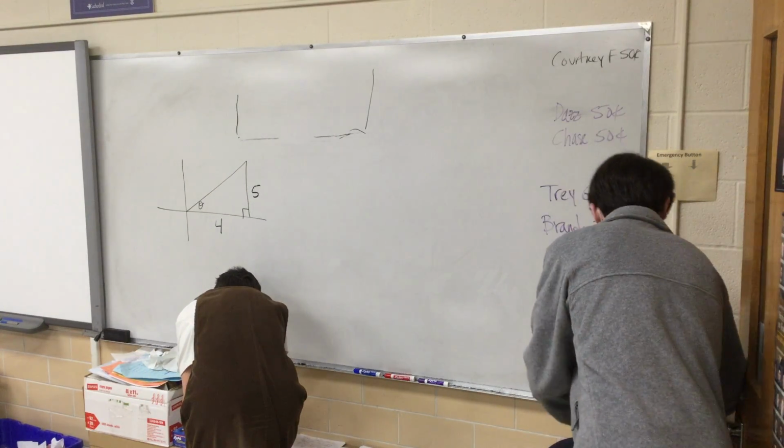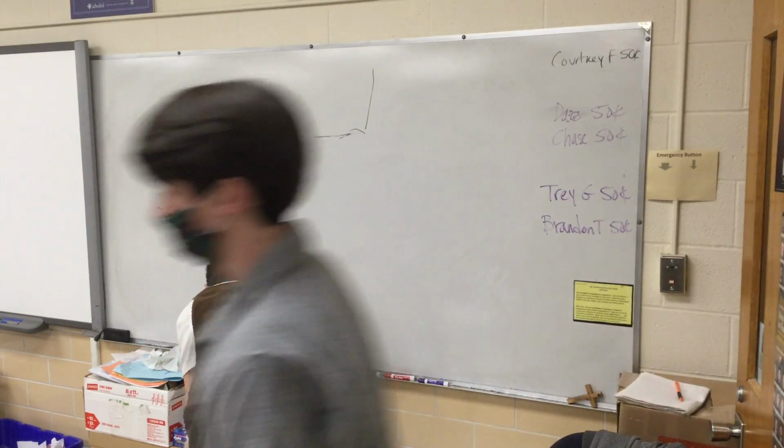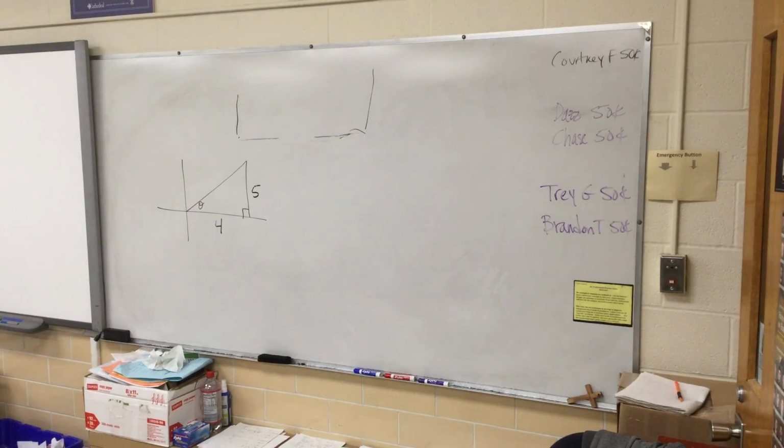The hypotenuse. So how will I find the hypotenuse? Pythagorean theorem, right? Just like you did on your quiz. Just like we always do when we have two sides given, we can always find the third one.